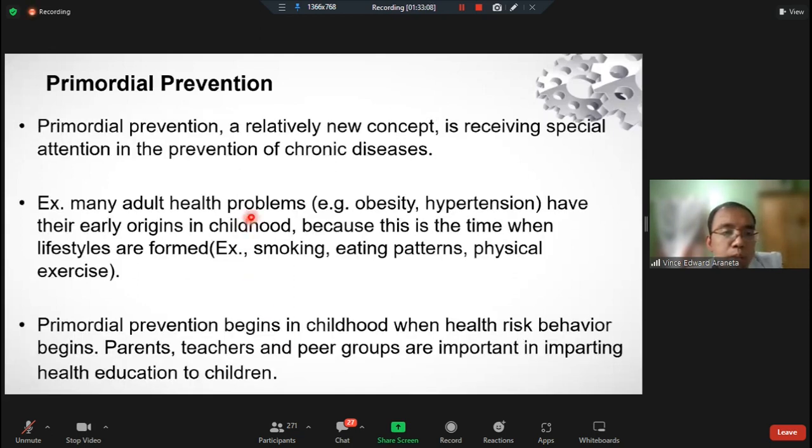Another example, many adult health problems, obesity, hypertension, have their early origins in childhood. This is a time when lifestyles are formed, so again, the mandate by not selling those junk foods and soft drinks is an example of primordial prevention. Parents, teachers, and peer groups are actually important in imparting this health education also to children.